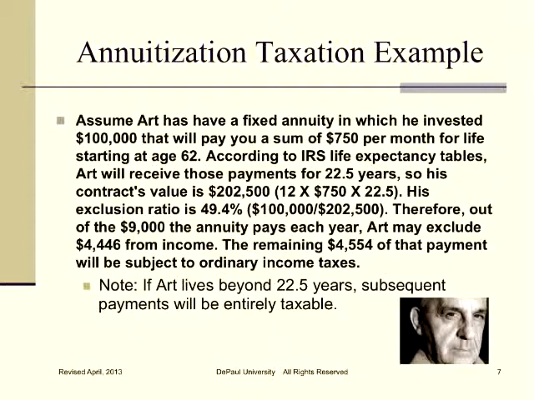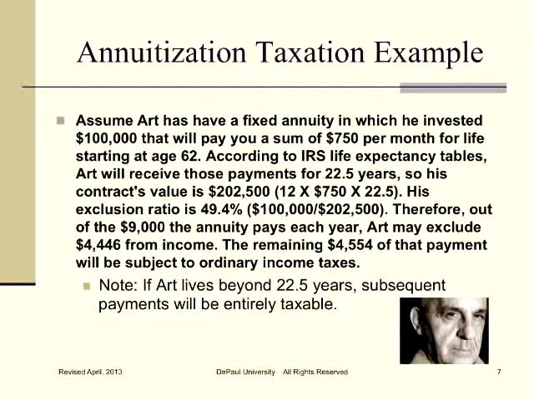So out of the $9,000 Art's going to receive every year at $750 per month, he can exclude $4,446 from his taxes and pay tax on $4,554. That's the advantage of having an annuitization payment on a non-qualified plan, because you can take advantage of lower taxes.